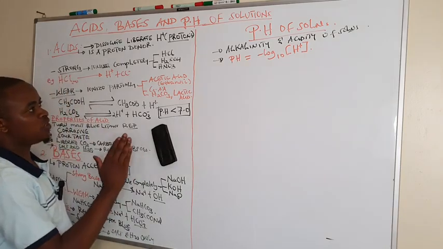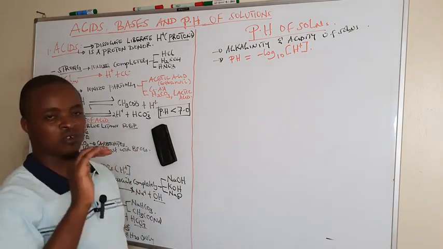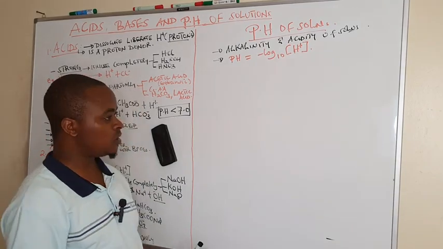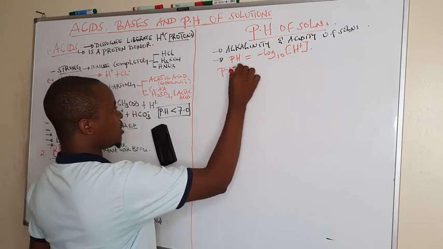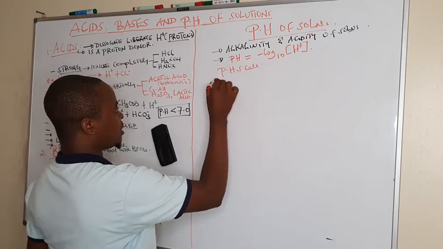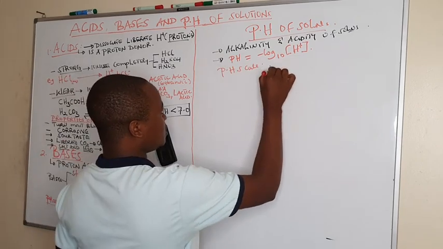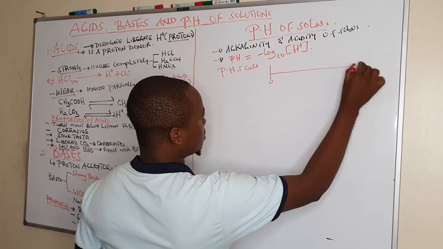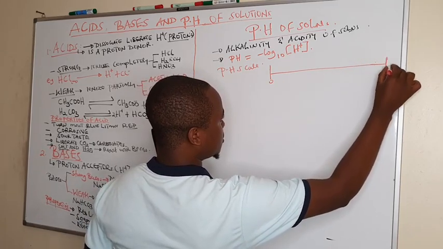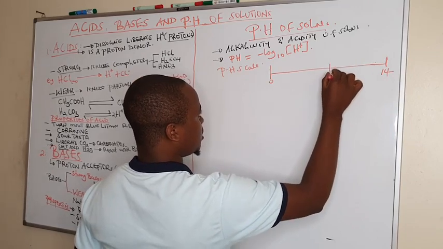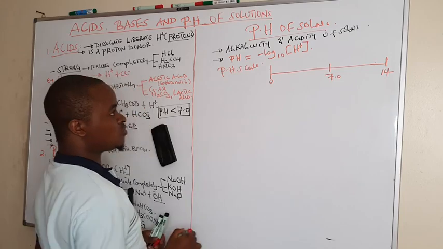And this pH, which is the degree of alkalinity or acidity, is shown on a pH scale. On a pH scale, pH begins from 0 up to 14, whereby in the middle there is 7.0, which is neutral.